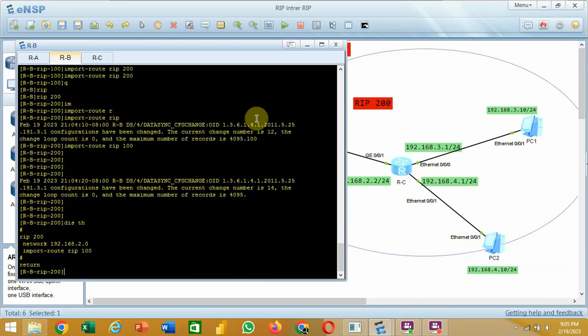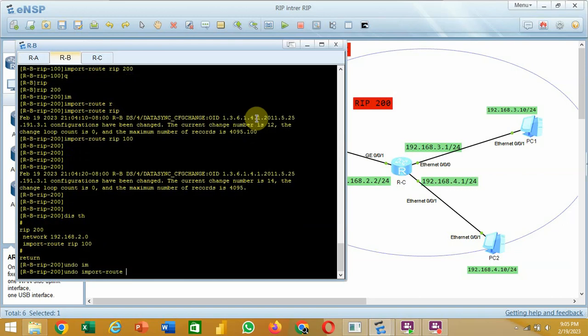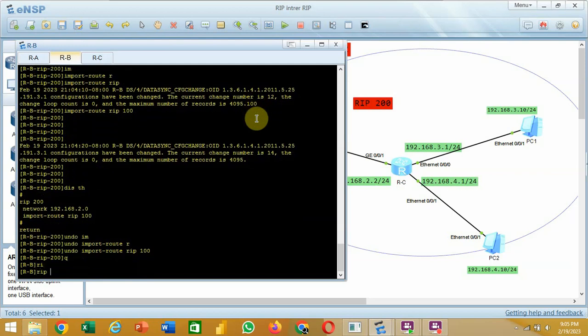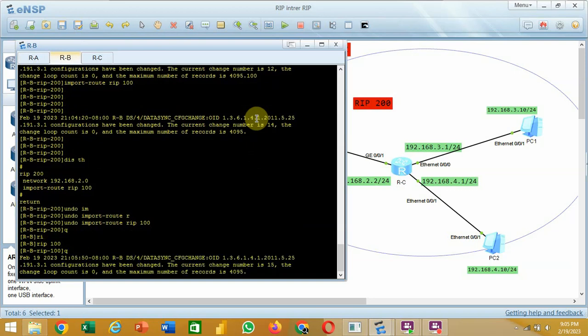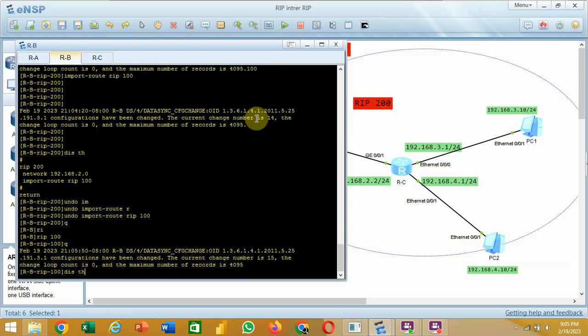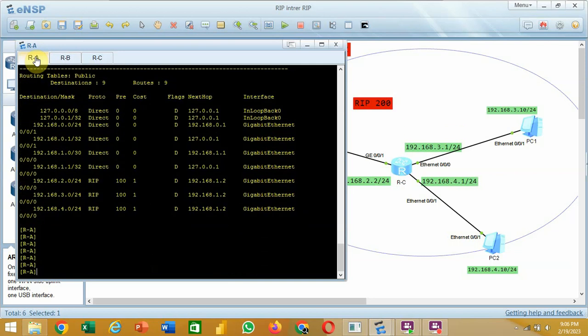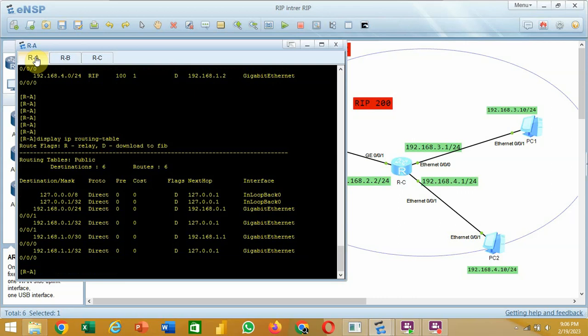If I remove my import route configuration, I undo my configuration, then check. You can see router A cannot have the routes of 192.168.3.0 and 4.0.